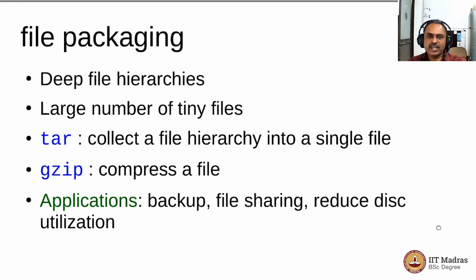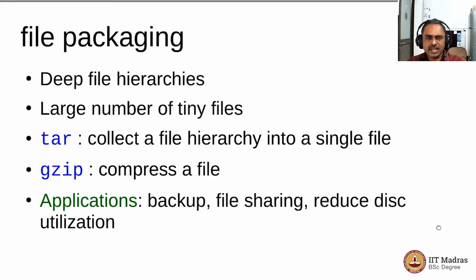So very deep file hierarchies are not recommended, and in situations where such hierarchies are present but you don't need them immediately, it's a good idea to convert the entire file hierarchy into a single file and then store it as a package. So tar is a command, tape archive, which can be used to convert a file hierarchy into a single tar file.